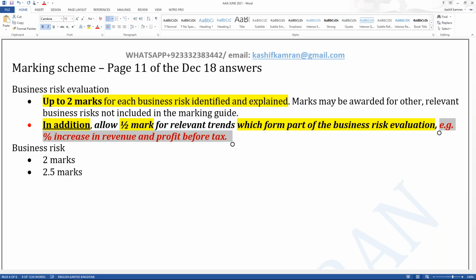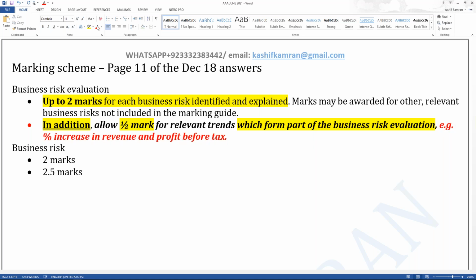So you can have three risks for 2.5 marks. You can have four risks for 2.5 marks. There is no cap. Yes, you get half a mark for a trend, but not just a trend; the trend must be used as part of your answer. I'll be demonstrating that. So is everyone clear with the marking schemes?